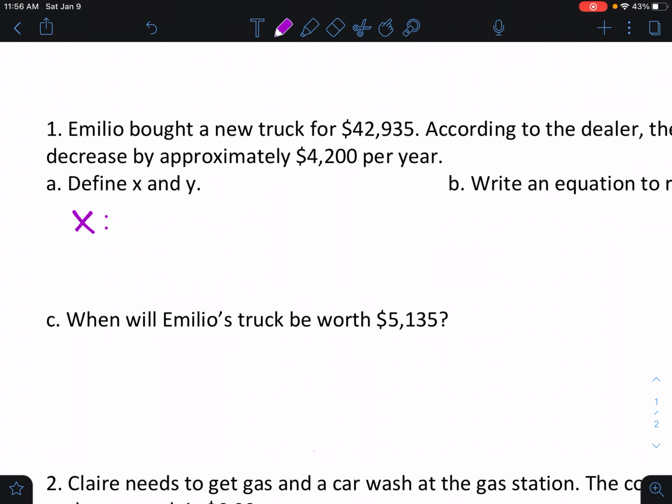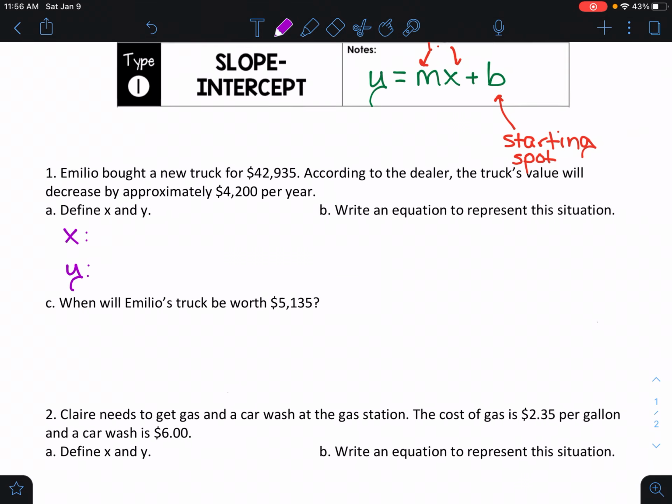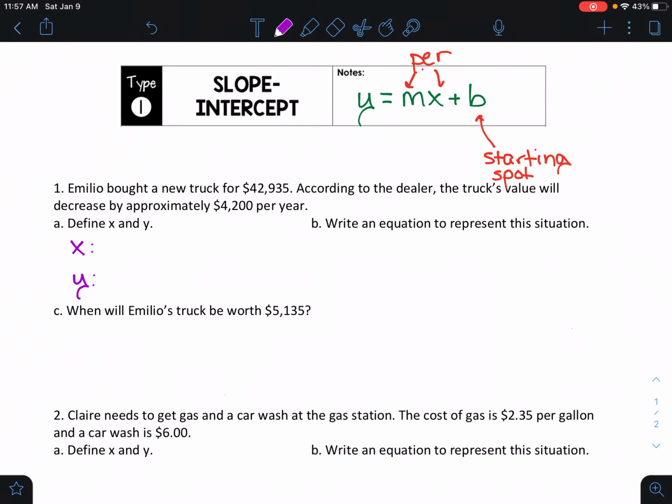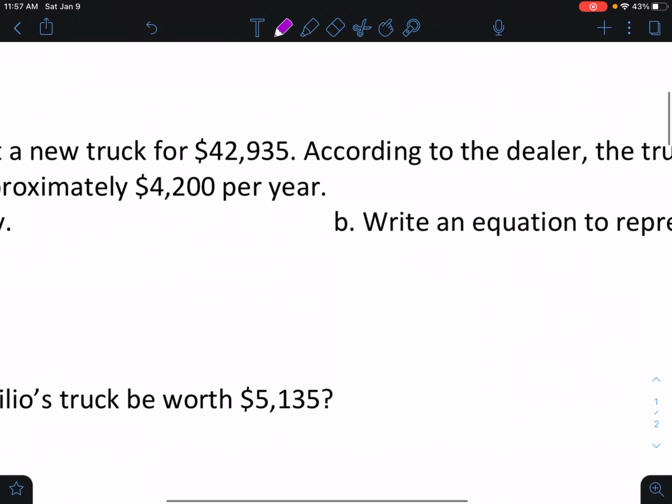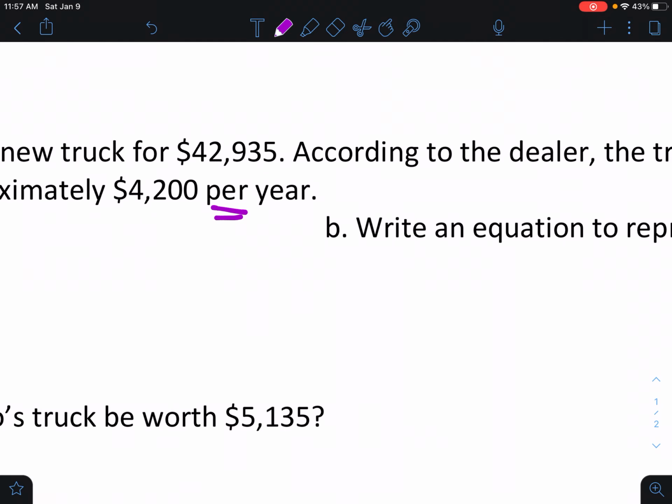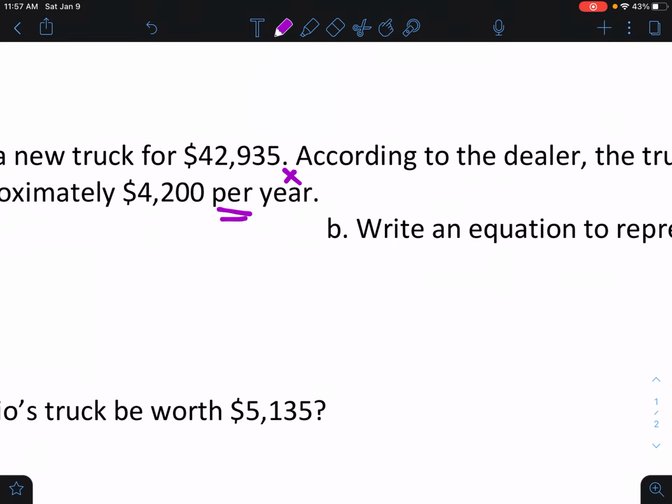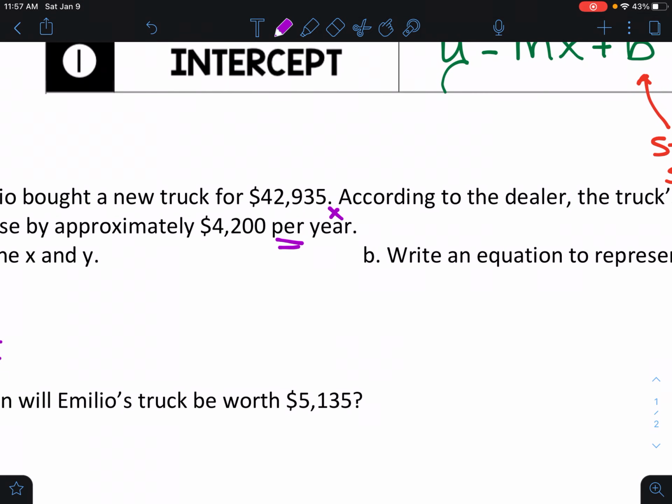X and y. To figure out what x is, you can find the word per. So right here, I see that. The thing after that will be your x value. This is x. The thing before that will be your slope. This is m right here.